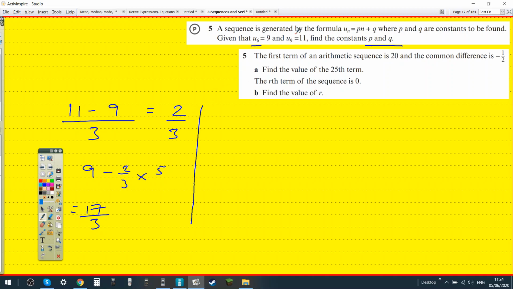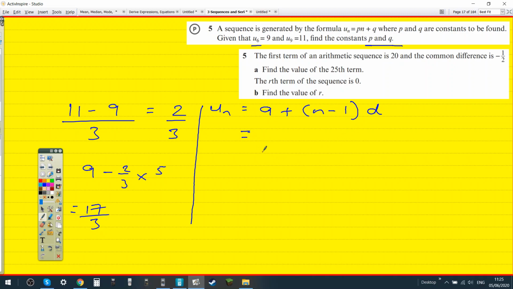And they wanted P and Q. So would that be Un equals 17/3 Pn plus 2/3? Let's see. Thirds, and so let's use this one: A plus n minus 1 D. Okay.